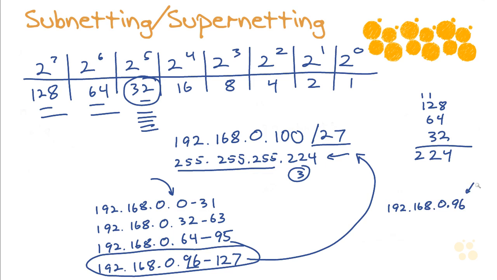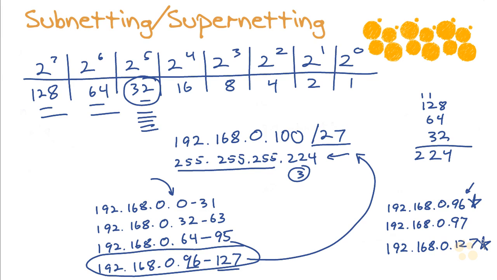That's the network we live on. The first usable host address on that is just one more at 97. The 127 is the broadcast for that particular subnet. So there's your broadcast. So these are those 2 unusable IP addresses that are the -2 in our formula.